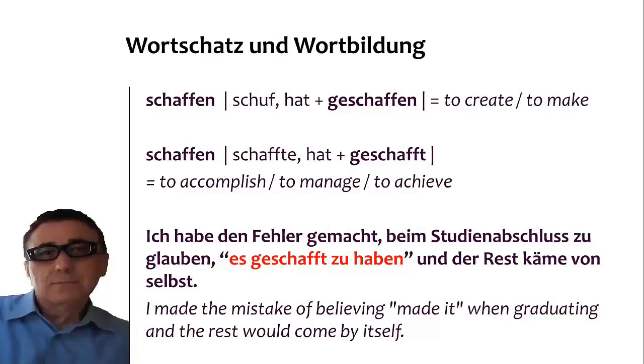For instance, here I see two Infinitivsatz samples, zu glauben and geschafft zu haben, and I see another, käme, which is actually Konjunktiv 2. It doesn't matter whether you understand Infinitivsatz and Konjunktiv 2. Here, for the moment, the important thing is you have to learn that schaffen can be conjugated in two different ways and it has two different meanings.